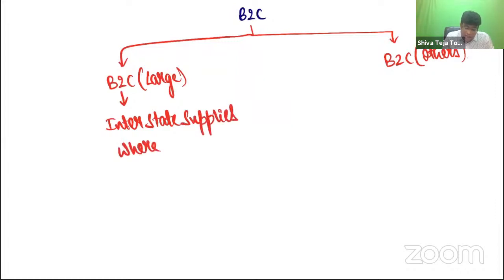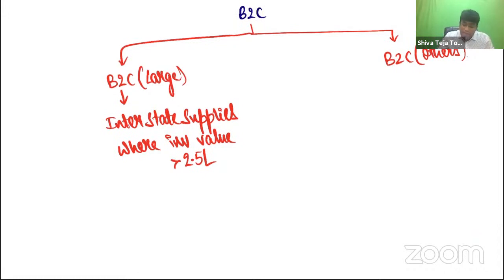B2C large covers only those transactions which are interstate supplies where invoice value is more than 2.5 lakhs. And B2C others covers two situations.